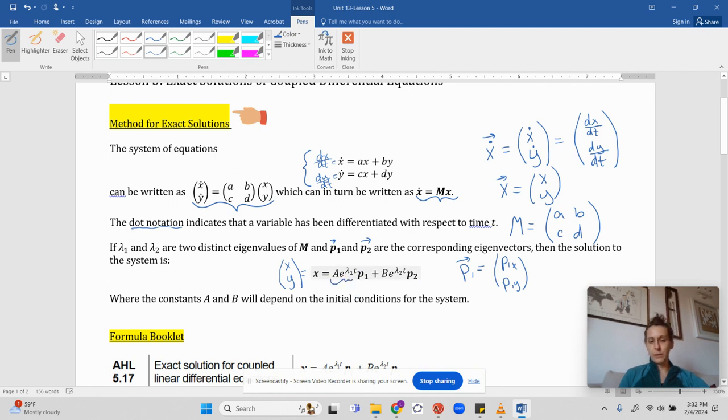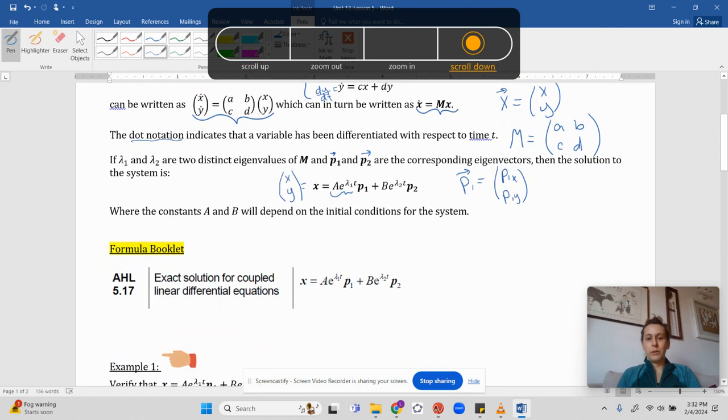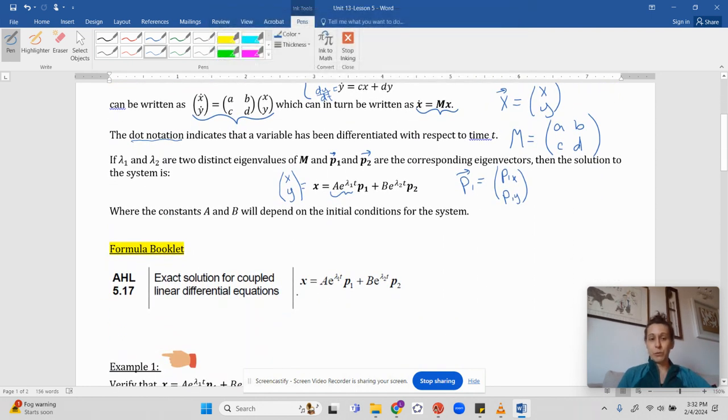In front, these are not vectors, that is some exponential in terms of t here. It's all really abstract right now, I know that, but I want to get into the notation. You can see down here, this is how it's written in the formula book. And in the formula book, they also write x equals, but that again is a vector, that is x, y. And so that's why I wanted to go through this really clearly, because you get the formula book, but it's a bit confusing if you don't understand that that is a vector.